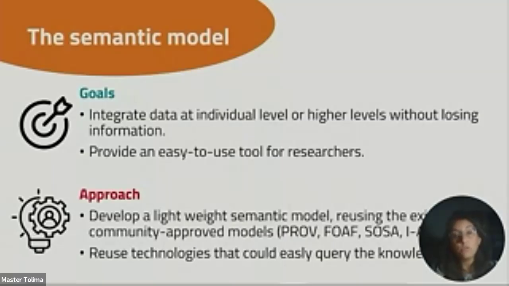So our goal was, again, to integrate data at both individual level or higher level of organization without losing information, and also to provide an easy-to-use tool for researchers. Our approach was then to develop a lightweight semantic model reusing the existing community-approved models such as the PROV ontology, FOAF, SOSA, and iAdopt. And of course, our approach was also to reuse technology that could easily query the knowledge graph.